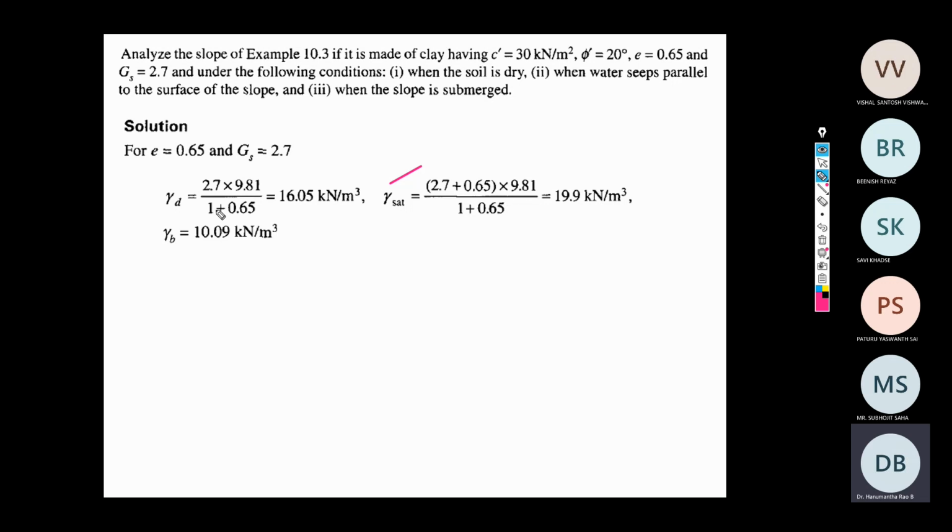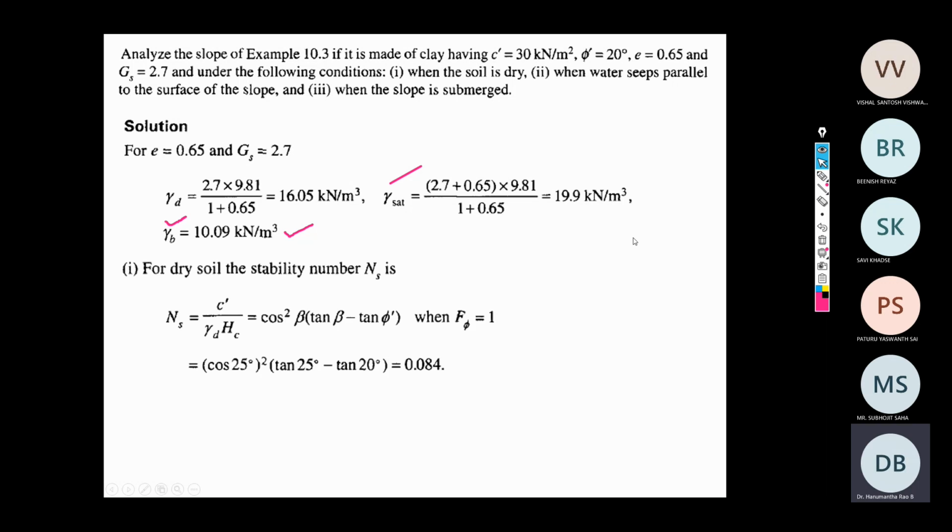Once I know gamma sat, I can determine the submerged unit weight, that is gamma b. Gamma b is equal to gamma sat minus gamma w. So 19.9 minus 9.81 gives 10.09 kilonewton per cubic meter. So this is how you need to calculate the density values for different soil conditions, say dry, saturated or submerged.